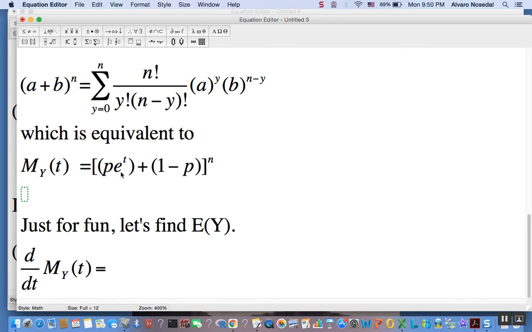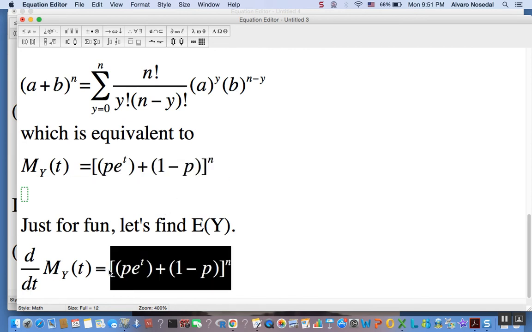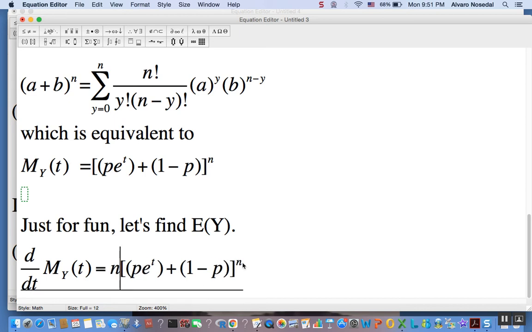So we have n here, we have n minus 1 here, and by the chain rule we need the derivative of this inside the square brackets, but 1 minus p is a constant with respect to t, so we don't worry about that.